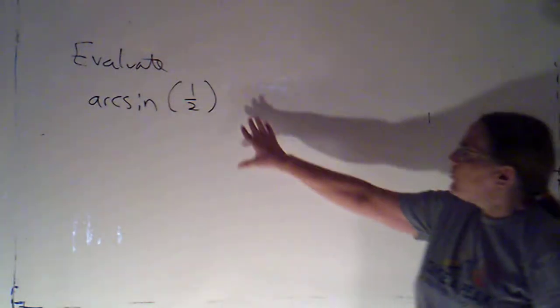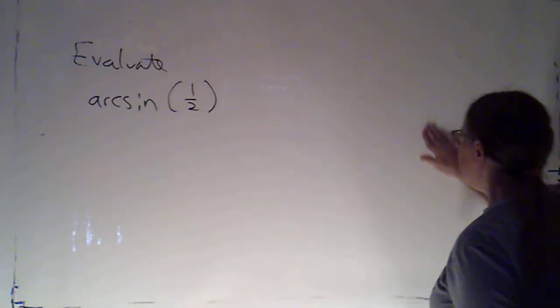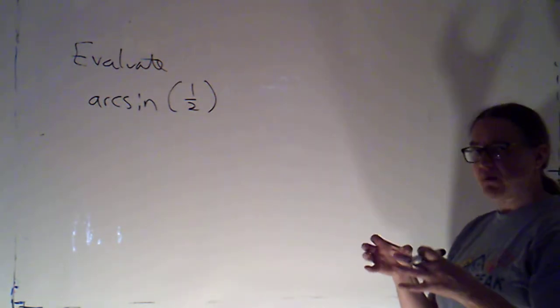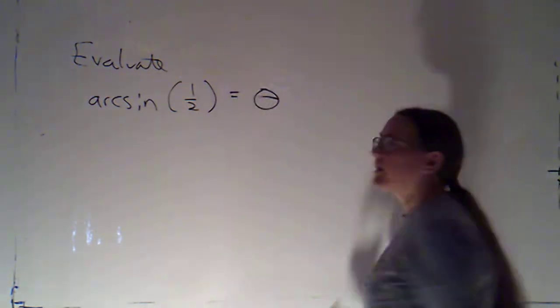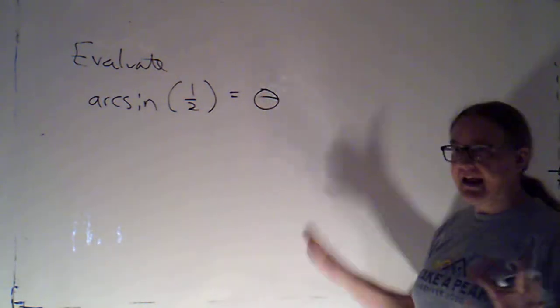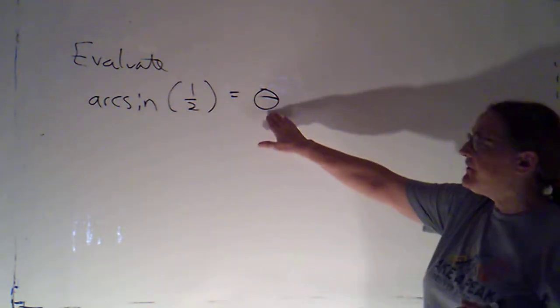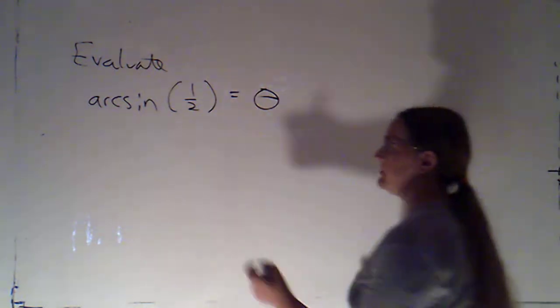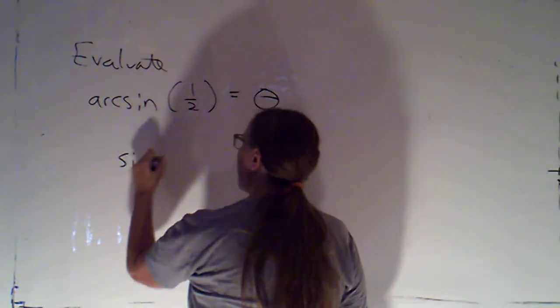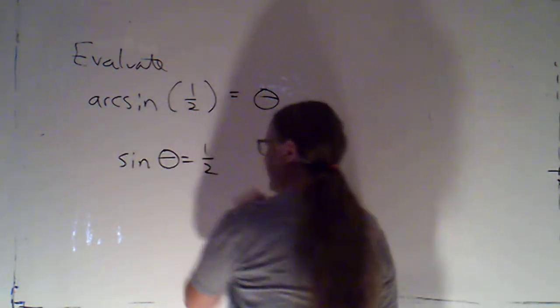Now what I find it helpful to do is give that a name that makes me think angle. So I'm going to call it theta. That makes me think angle, okay? And I'm trying to figure out what theta is. And I'm just going to rewrite this in a form that's more familiar to me. I know this tells me that sine of theta has to be 1/2.